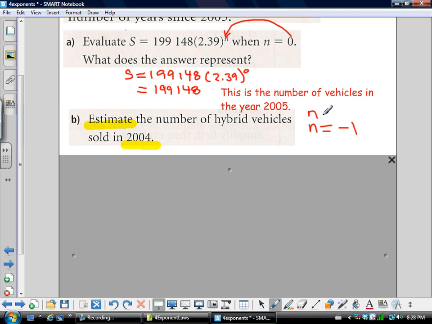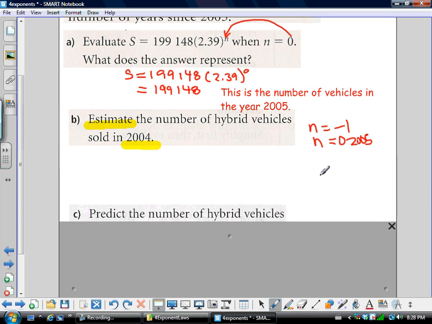Because n equals 0 is 2005, and n equals 1 would be in 2006. So if my time is going backwards, my n is going to go into the negatives. So let's actually go and calculate this.